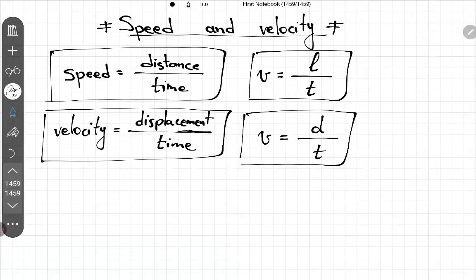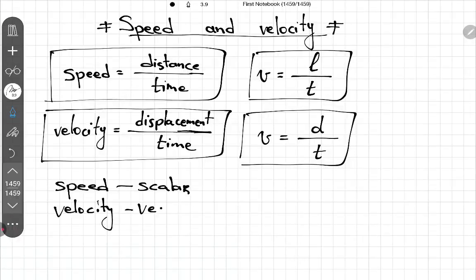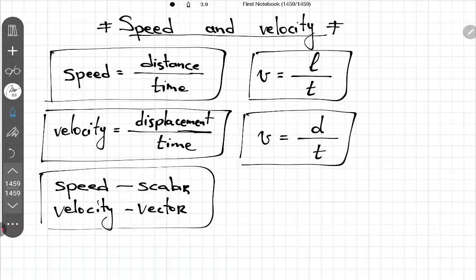They resemble each other, but the difference is the speed is a scalar quantity. Speed is scalar. You have to remember this one. But velocity is a vector quantity. And we already know that scalar quantities have only magnitude, while vector quantities have both magnitude and direction.